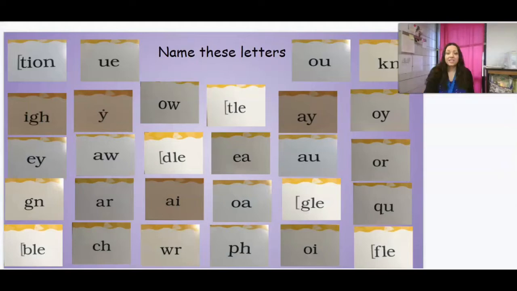Are you ready? So if we start at the top, we say final syllable T-I-O-N. Very good. Then digraph U-E, diphthong O-U, ghost. Digraph K-N. Trigraph I-G-H. We have vowel Y, diphthong O-W or digraph O-W.